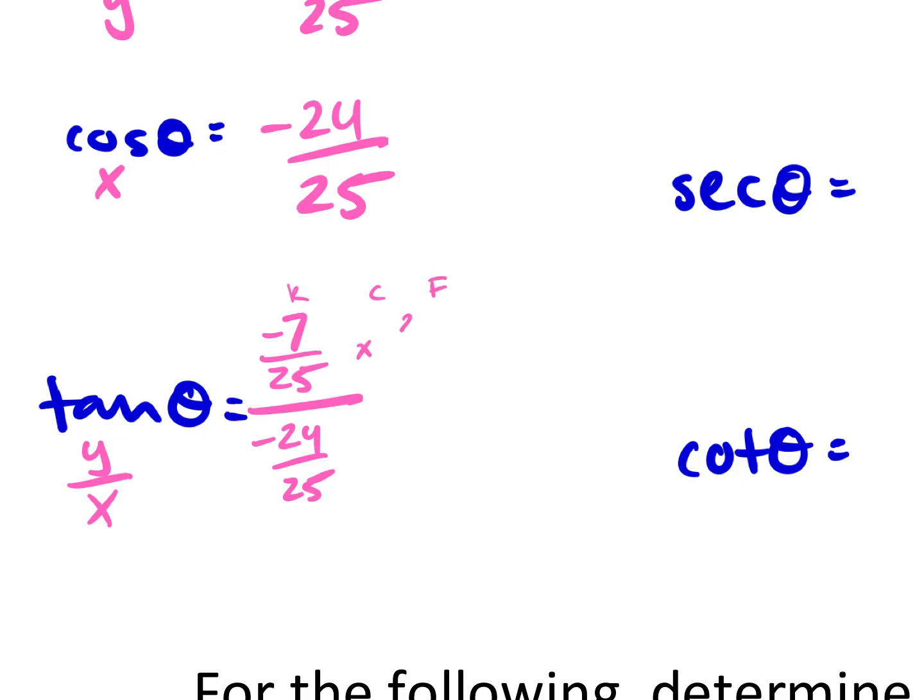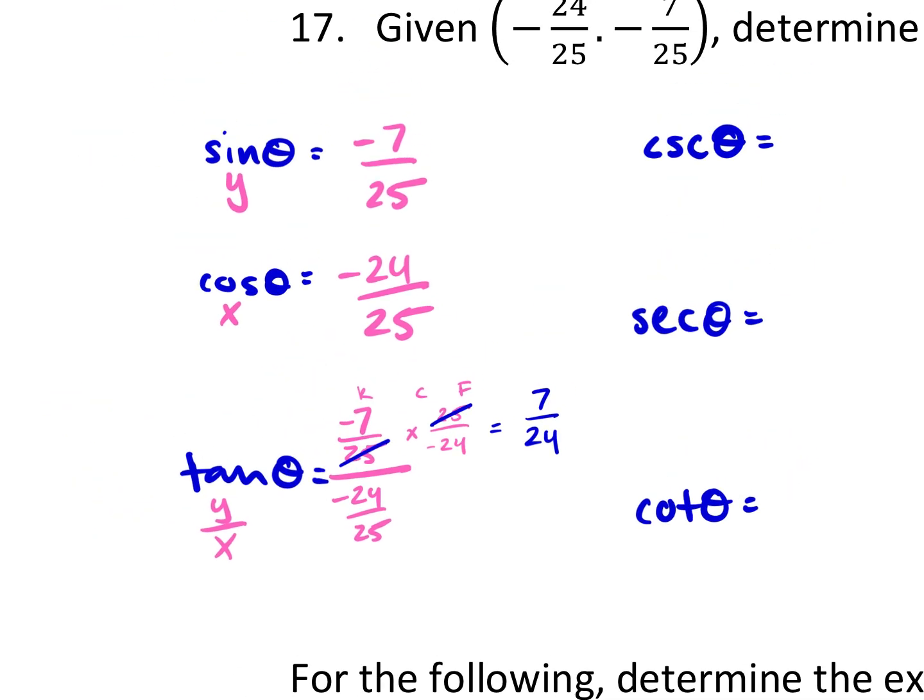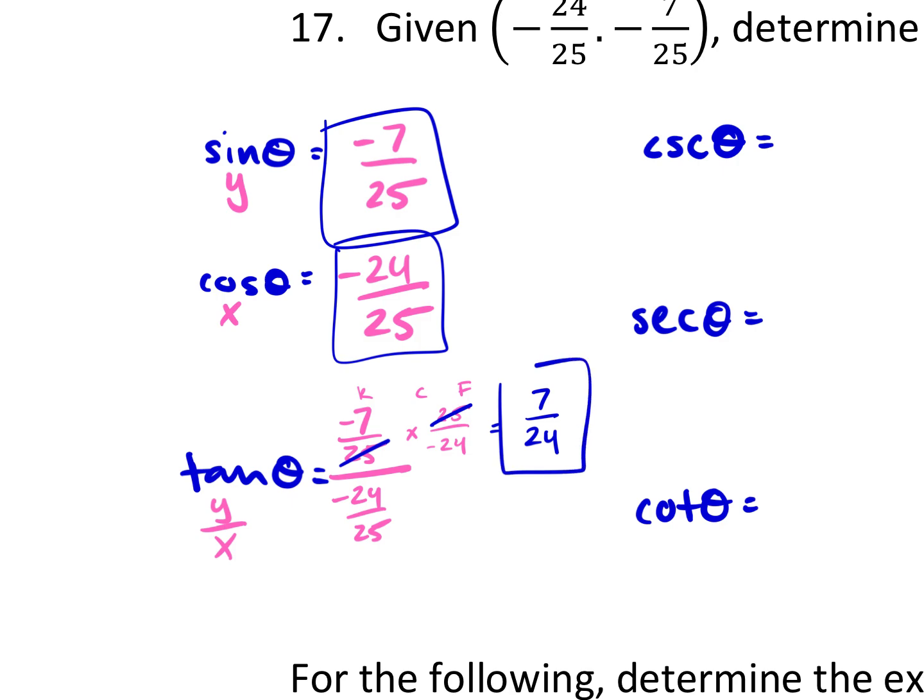So our denominator flips to 25 over negative 24. You can multiply straight across, or I would recommend simplifying before you multiply. So the 25 on the top and the bottom will cancel. Negative 7 over negative 24 would be positive 7 over 24. Any questions with these three?